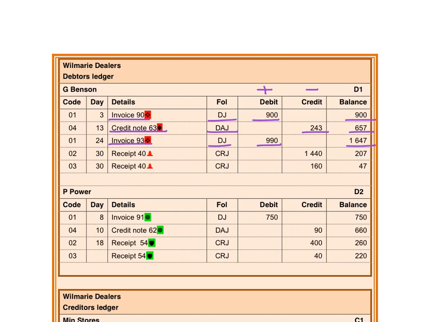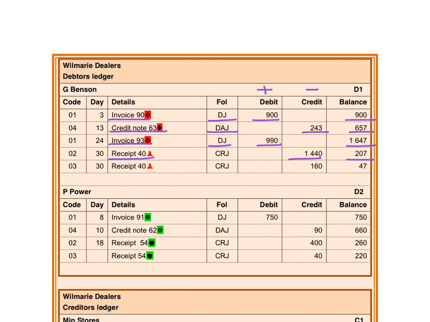When we issue a receipt, we reduce the account. This will be done on the credit side of the account, and we will subtract 1647 minus 1440 gives me an outstanding balance of 207.